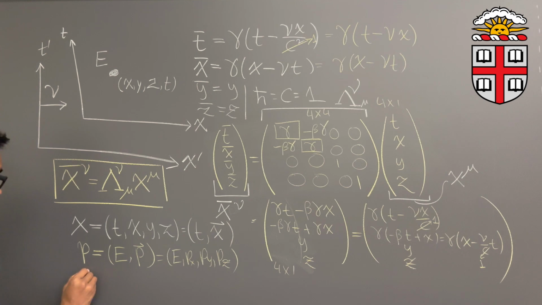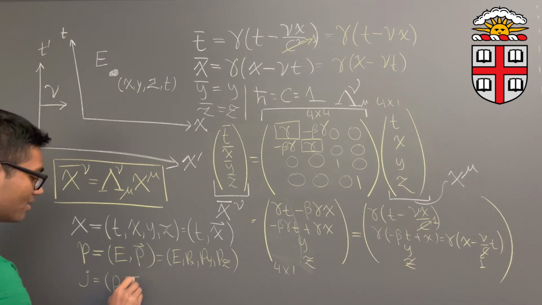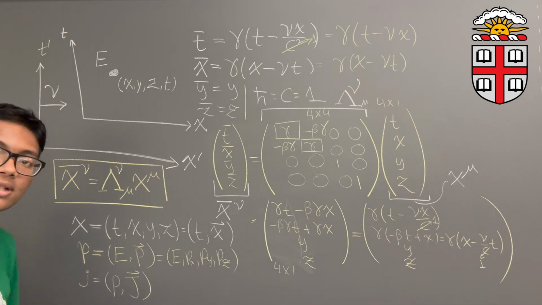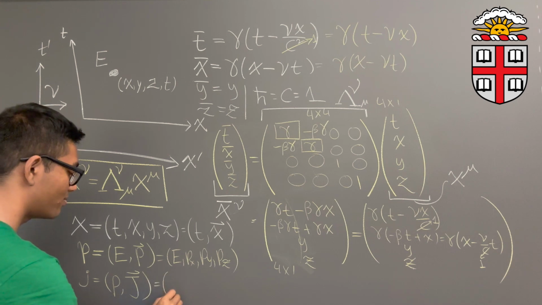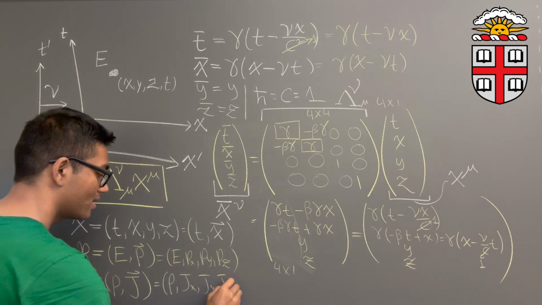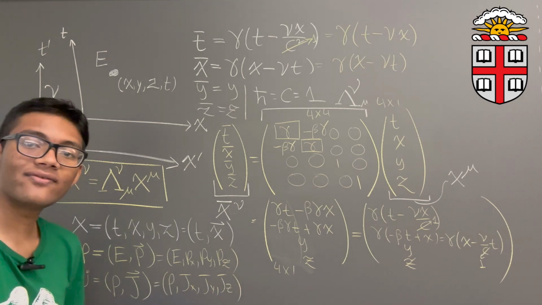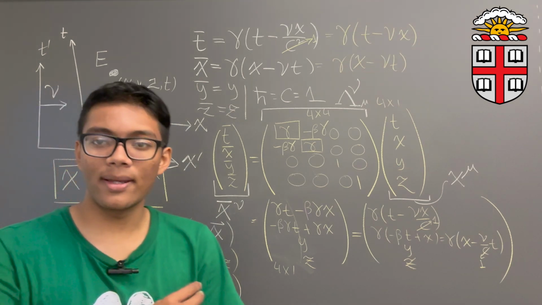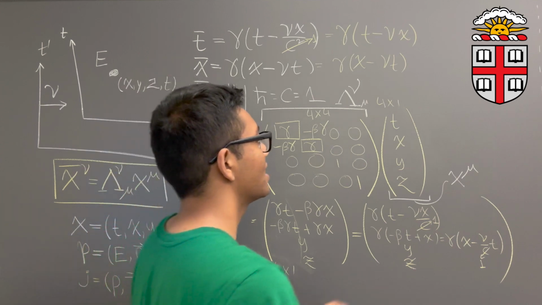We have other 4-vectors as well. We've got a 4-vector for current density. That would be the electric charge density, comma, the actual current density, so rho, j sub x, j sub y, j sub z. And then finally, there are 2 more important 4-vectors that we should take note of.